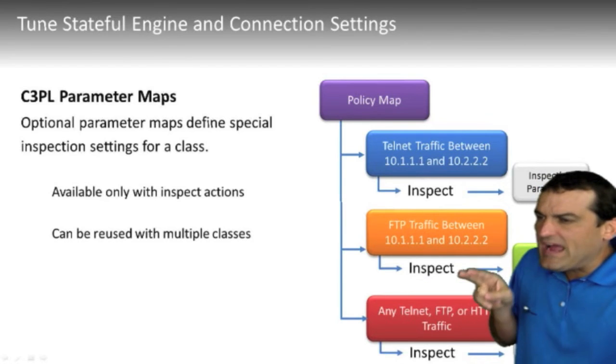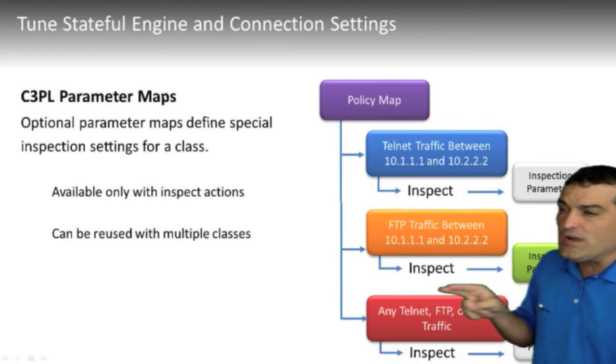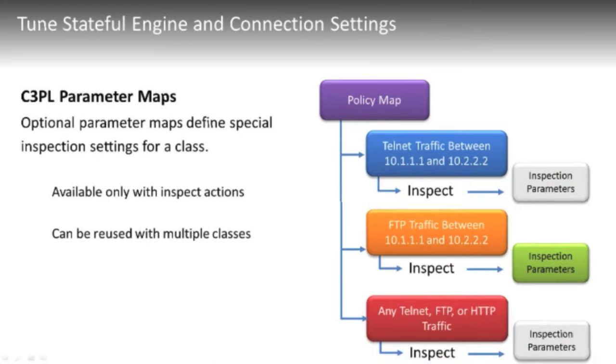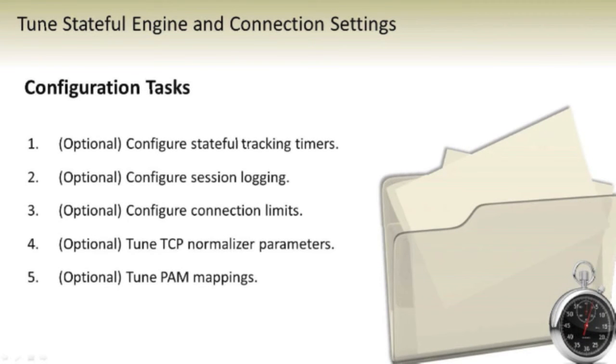If we were just passing traffic as the action item, then we couldn't go in and apply these unique inspection parameters. So when it comes to tuning your zone-based firewall, all this is optional: you're going to configure stateful tracking timers.